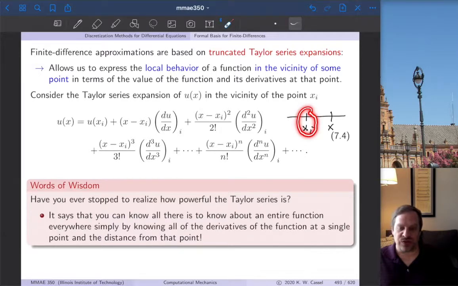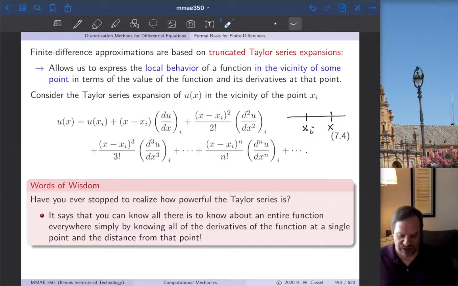So all the function and derivative evaluations are at x sub i, but all for the objective of approximating, or it's actually equal if you include all the terms, getting an expression for the function value u at x. So we have u at x, which is here, is equal to u at x sub i, which is the value of u at this point, plus all these terms.